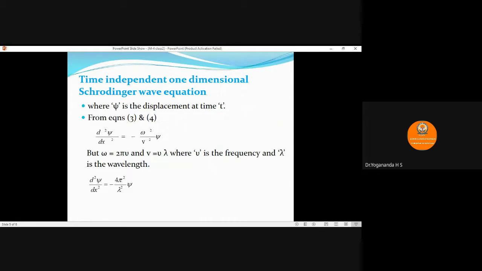You get d square psi by dx square is equal to minus 4 pi square divided by lambda square into psi. Rearranging, writing in terms of 1 by lambda square, we get 1 by lambda square equals minus 1 divided by 4 pi square psi into d square psi by dx square. Call this equation number 5.